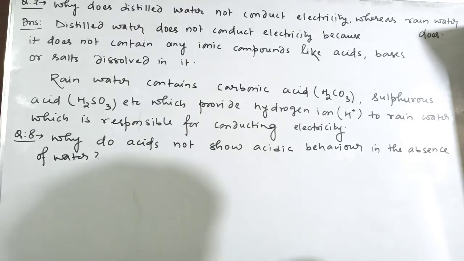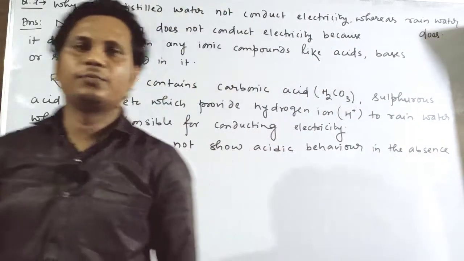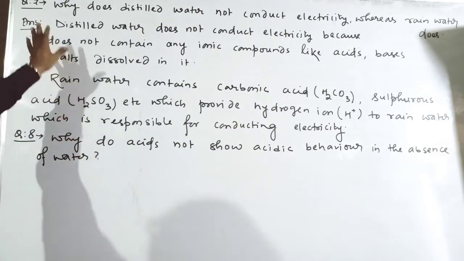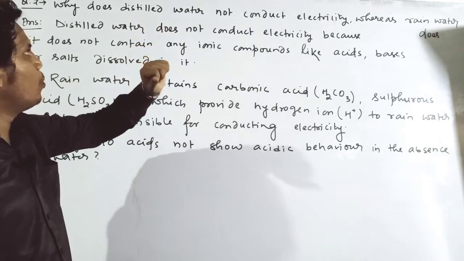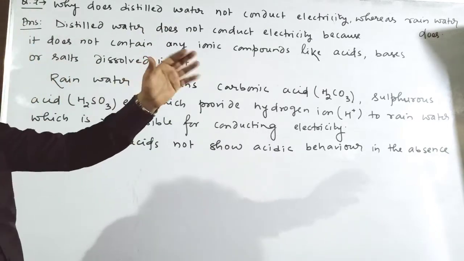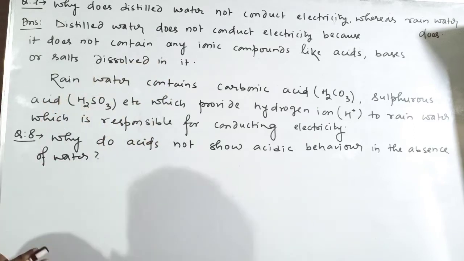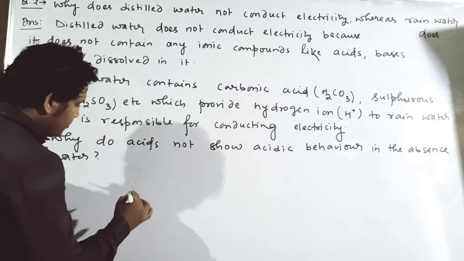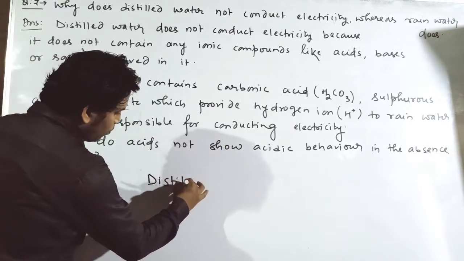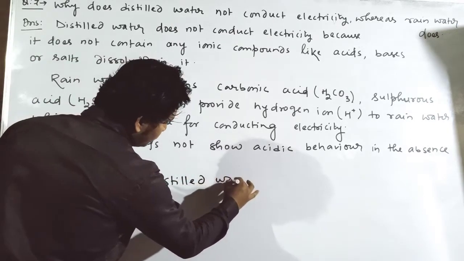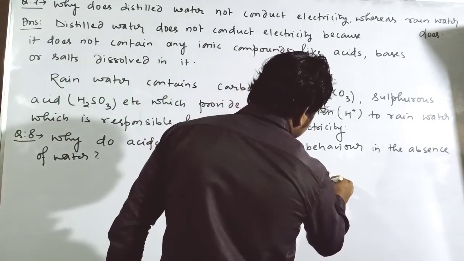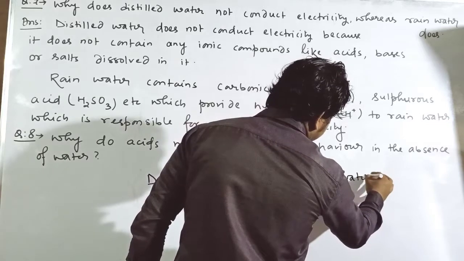Now, next we will proceed to question number 7. It is asked, why does distilled water not conduct electricity whereas rainwater does? So we have been given two things: one is distilled water, the other is rainwater.